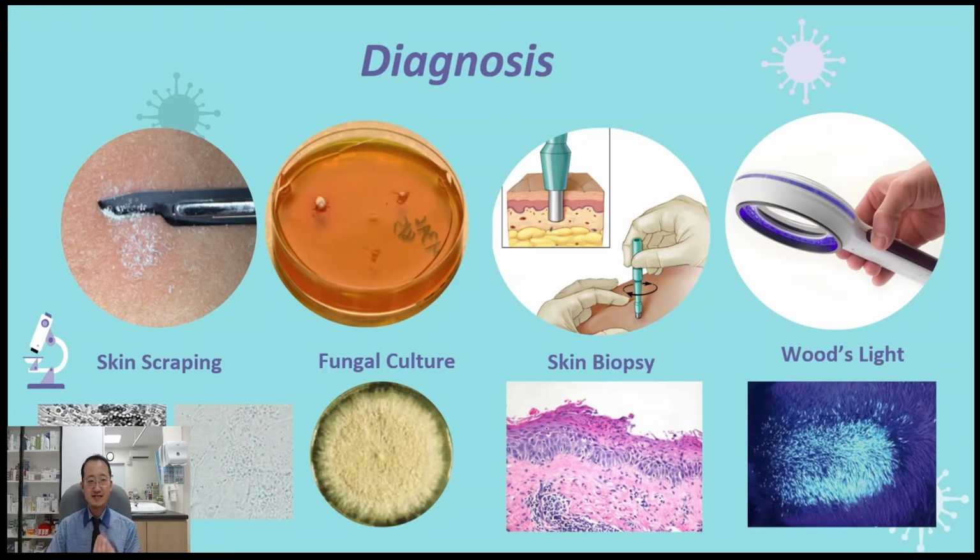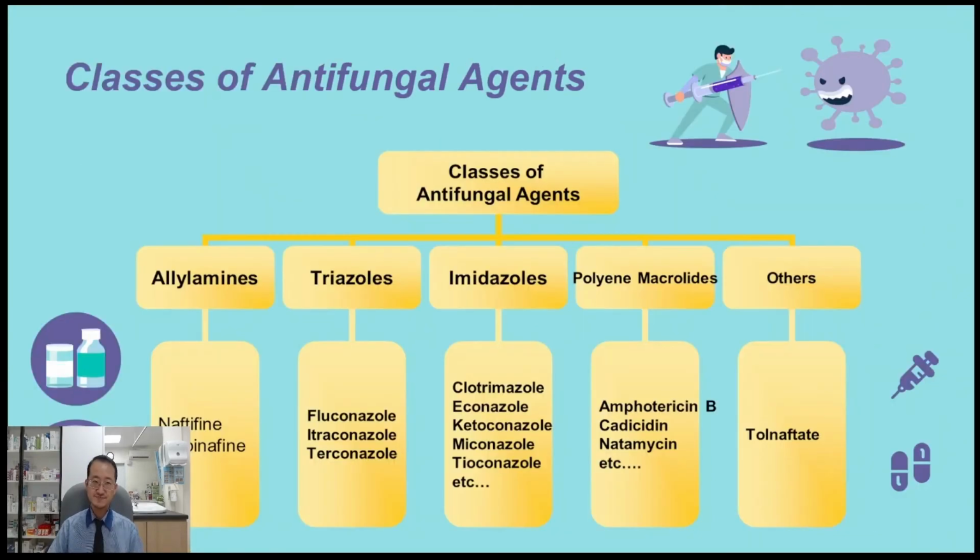For example, if the patient has a fungal infection over the scalp, some of the fungus can produce fluorescent material, so if you shine the Wood's light on the skin or the hair, you will see the fluorescent color. So it can indicate this is a fungal infection. So these are the 4 methods that we usually use to diagnose fungal infection.